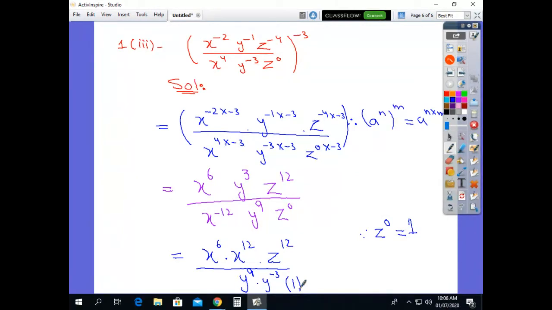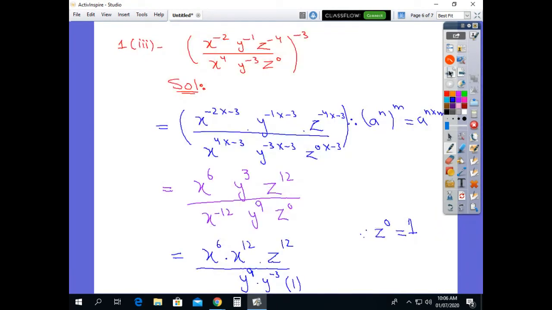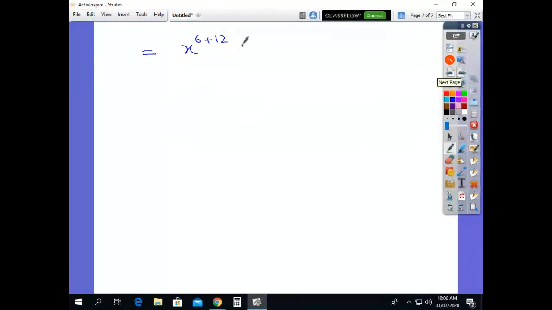Now, after more simplification, we see that the bases are the same, therefore we add the powers, that is 6 plus 12. Similarly, we have z raised to power 12. We have similar bases, therefore we add the powers.